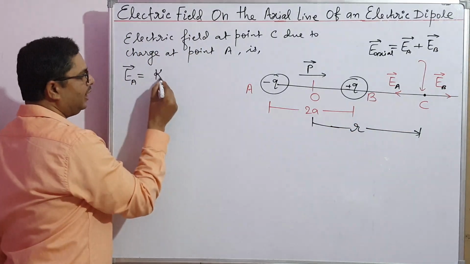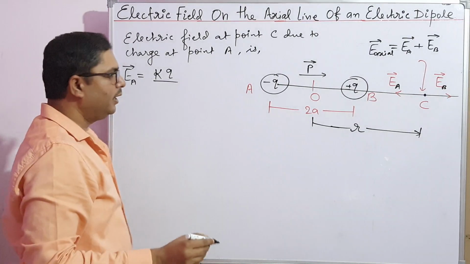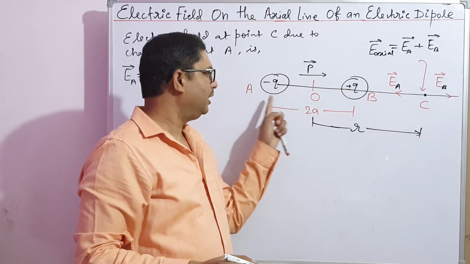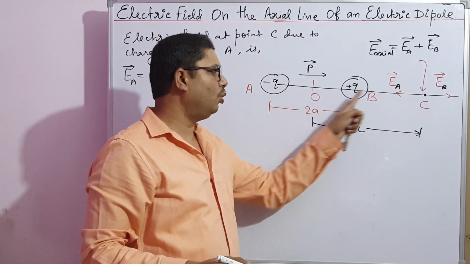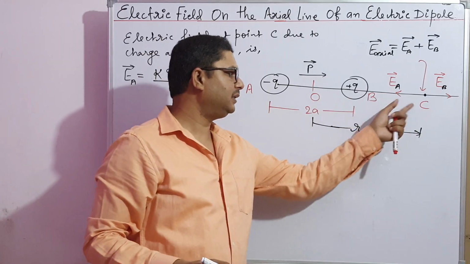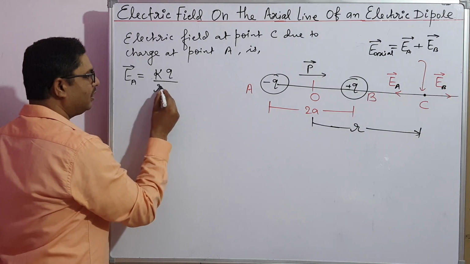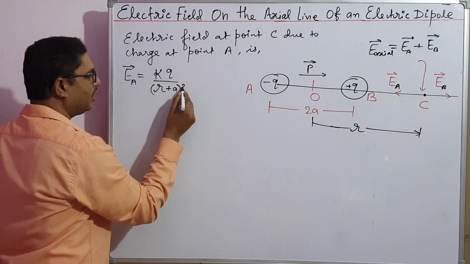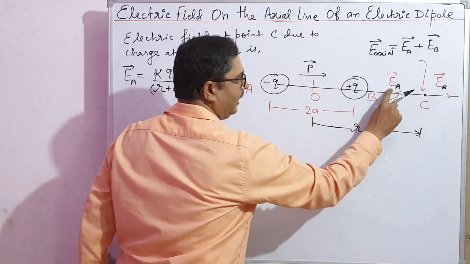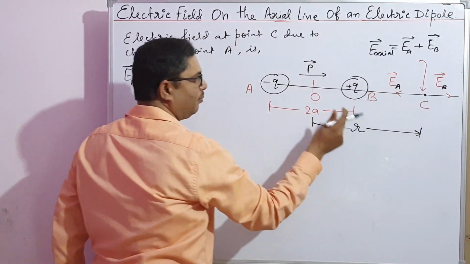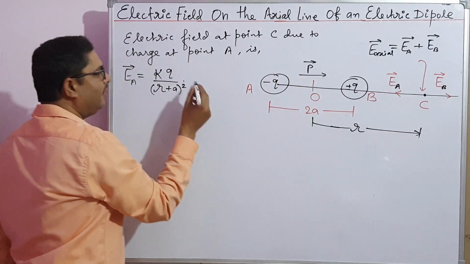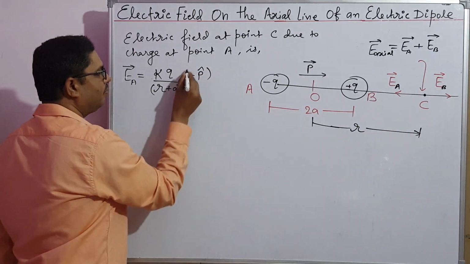This is equal to KQ upon distance AC squared. Distance AC is equal to distance AO plus OC. AO is A and OC is R. So here you have R plus A whole square. And direction of EA is inward, that is opposite of P, the dipole moment. So we give here minus P cap.